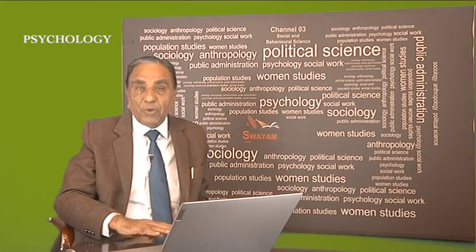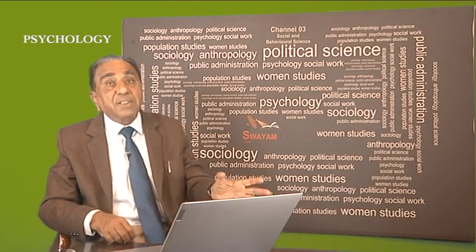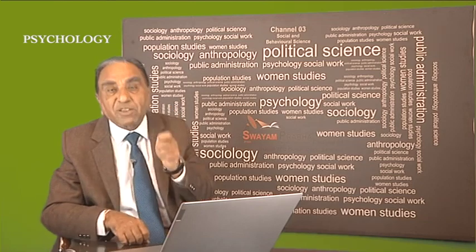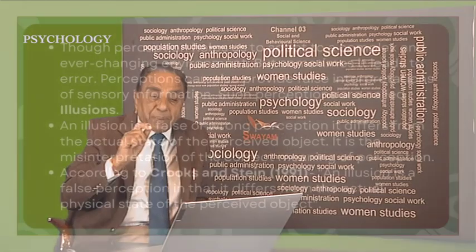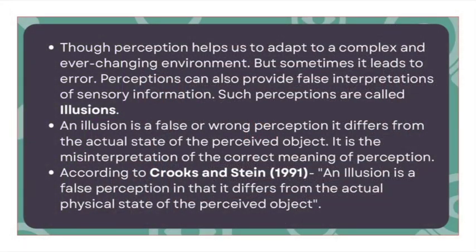It is a part of perception, but it is a false perception. It is not the actual perception. Suppose in the dark you have seen a long rope lying there. We sometimes say it is a snake. Now perception is there. I have seen that rope, but I am giving it the meaning of a snake, which is a false perception. So perceptions can provide false interpretations of sensory information.